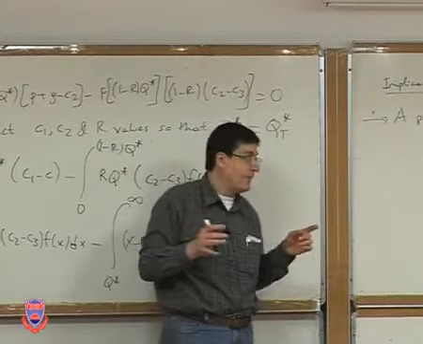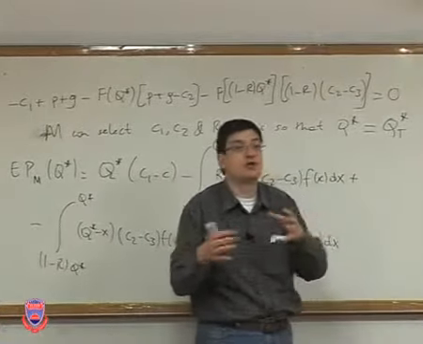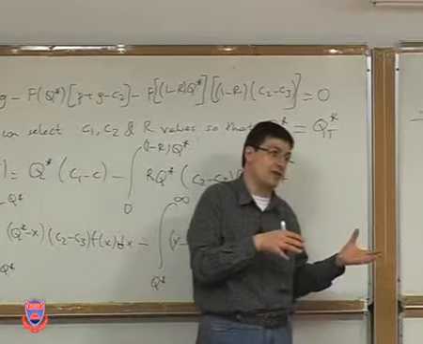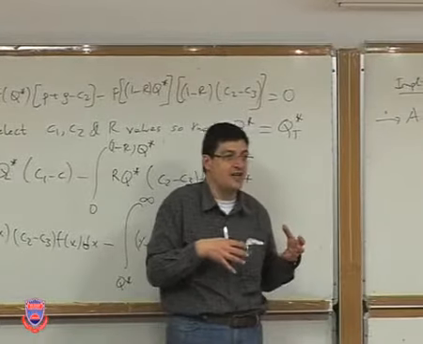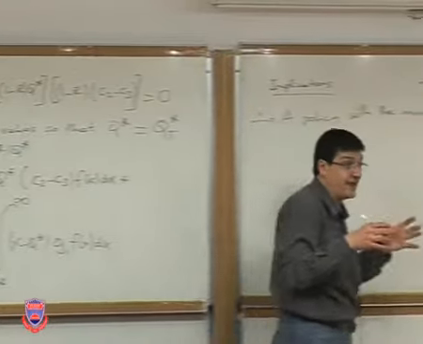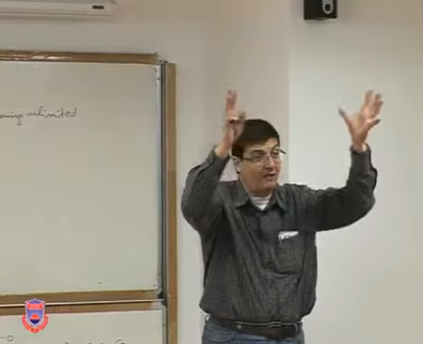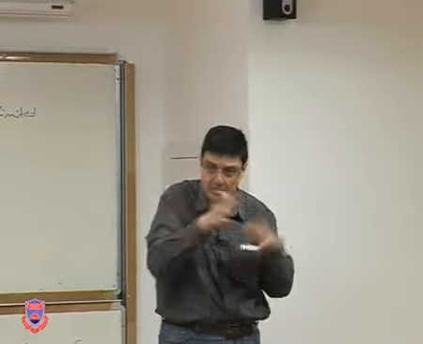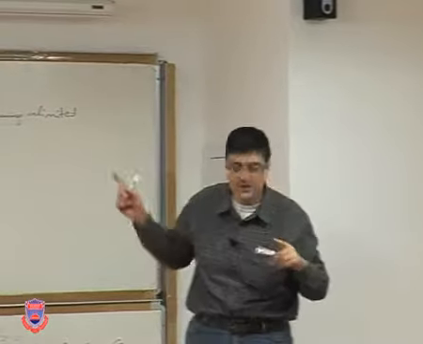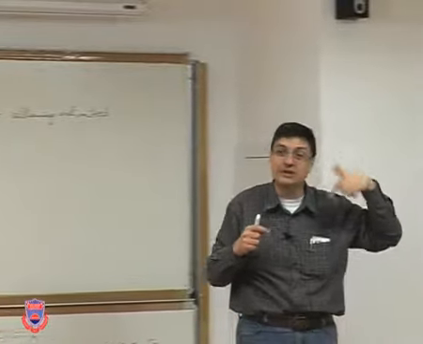Of course, by selecting different C1, C2, and R values, the profit distribution is going to be different. In some cases, the manufacturer is going to get a large percentage of the share, whereas in some cases, the retailer. But the idea is that we always think as analysts that if we can create the environment where we have the maximum benefit, they will find a way to share that maximum benefit. So this is more or less the idea which is sought here. So implications are always going to have this starting point in mind.